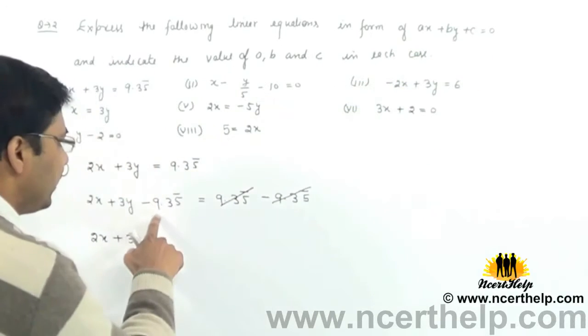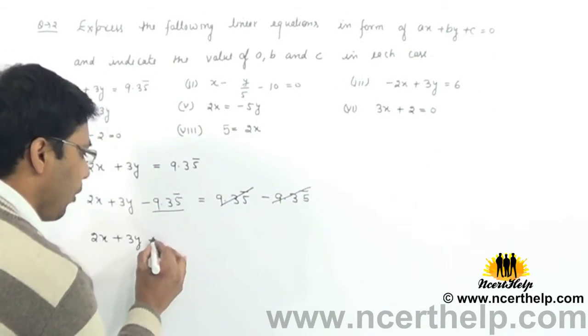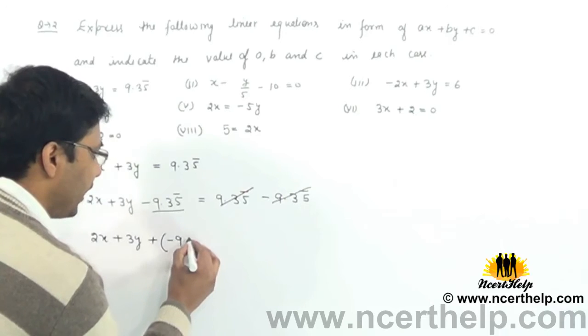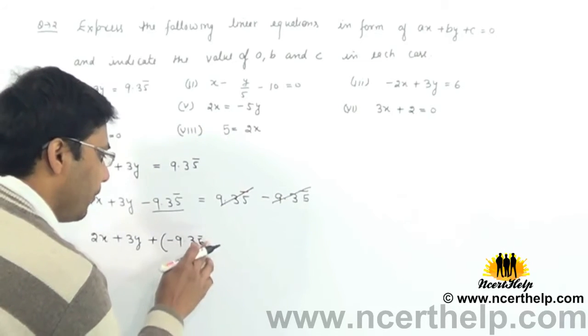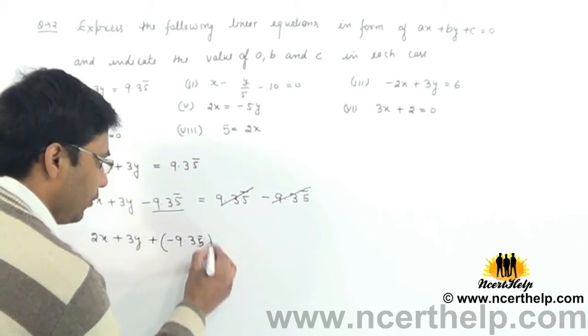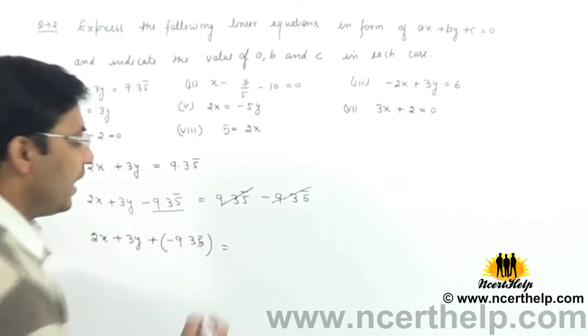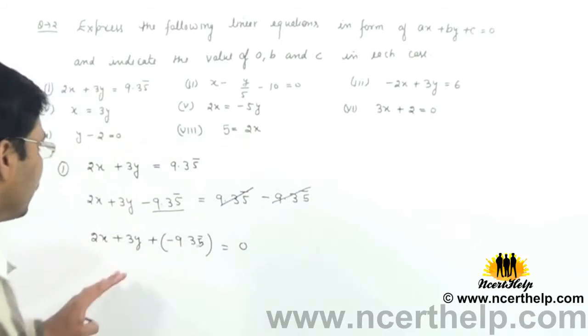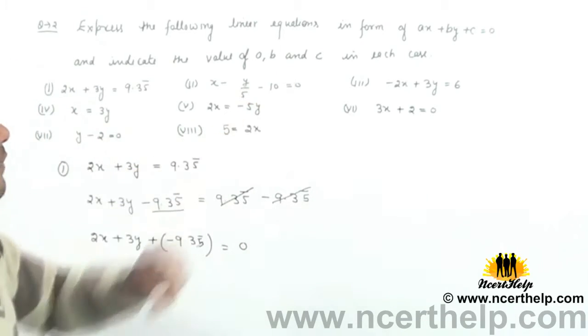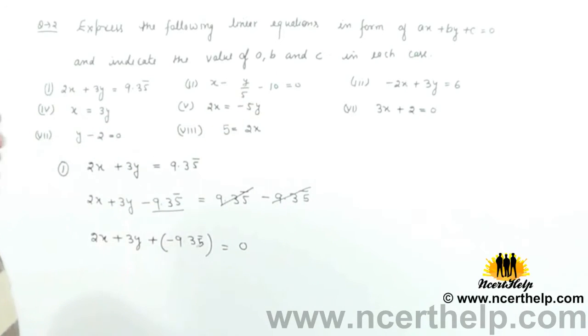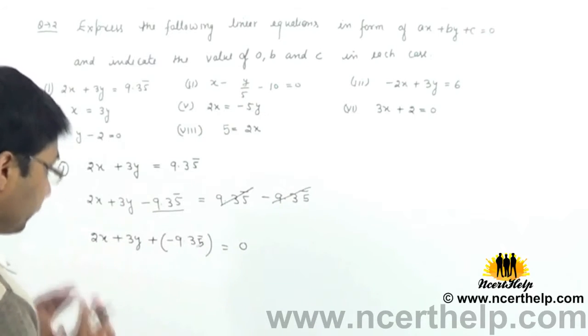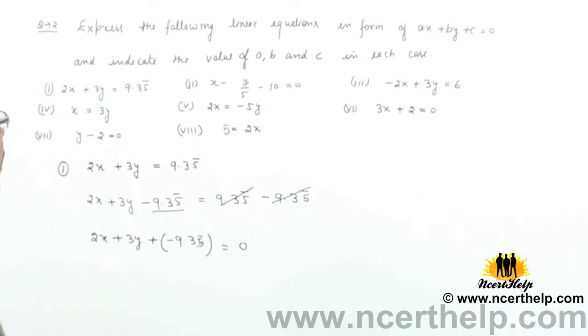So we can write this negative value as positive of negative 9.35 bar equals, and when we subtract similar type of values we get 0. So this is the equation in the form of ax plus by plus c equals 0. So this is our first answer.